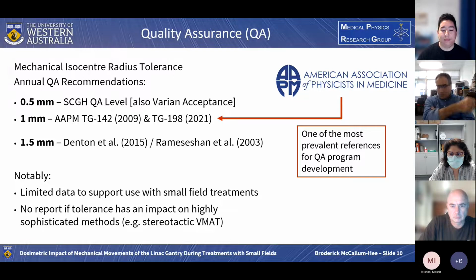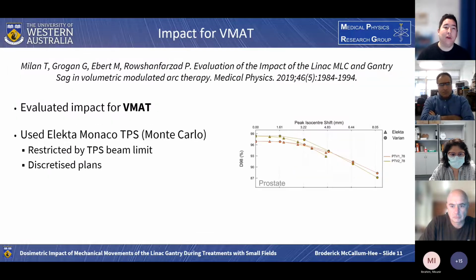There are two relevant studies of note for this project. The first is that done by Milan et al., and they evaluated the impact of isocentre shifts for VMAT. They did this by using the Elekta Monaco treatment planning system, which uses Monte Carlo simulations, basically the gold standard we have for dose distribution calculations currently. However, using this TPS, they were restricted by a beam limit.